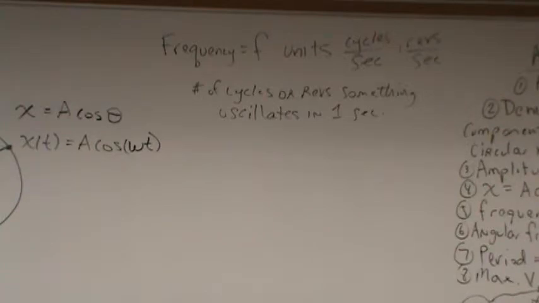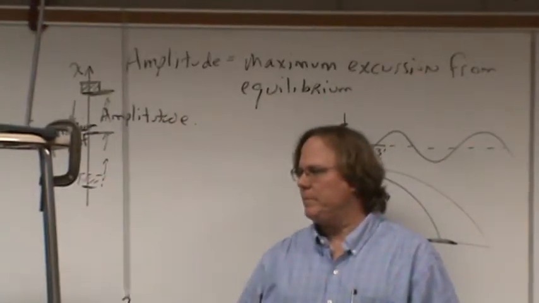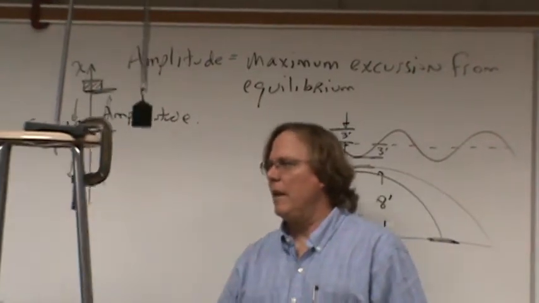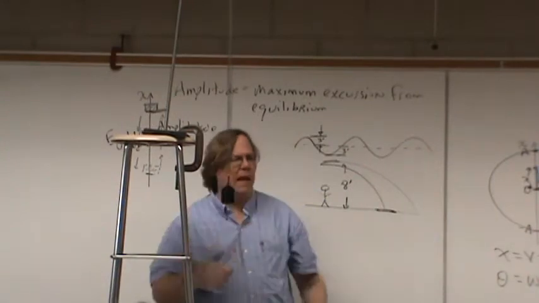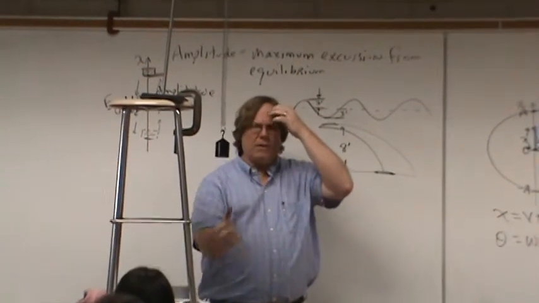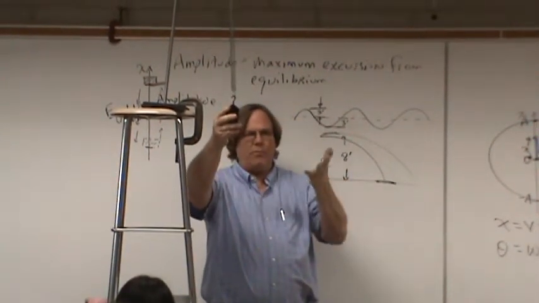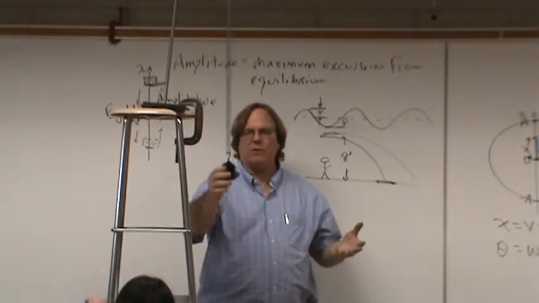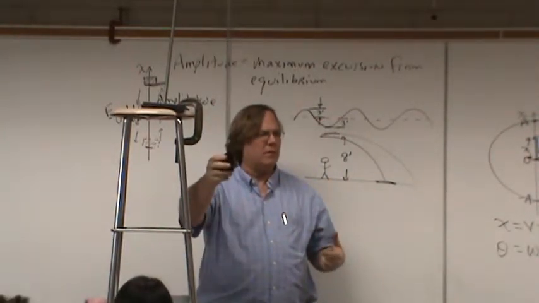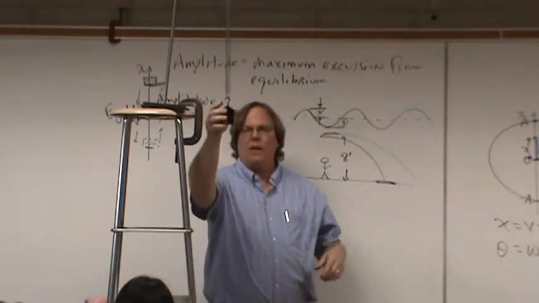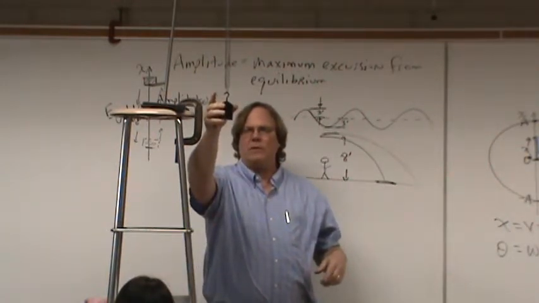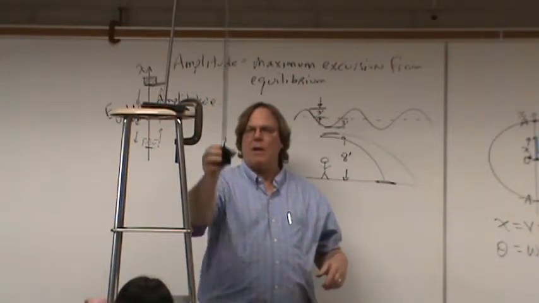Hey, let's get the frequency of oscillation of this spring mass system. Now the thing is, I have to be aware of what one cycle is. One cycle is, it's at some place and it completes an entire cycle and returns to its original place. So if I'm the type of person who likes to key on the top of its travel, then 1 cycle is it going from here down to there, back up to there.